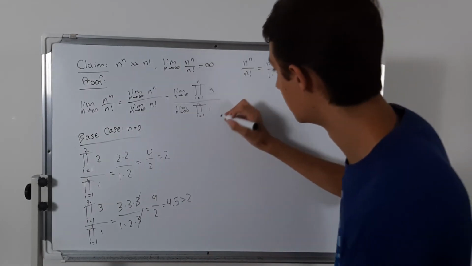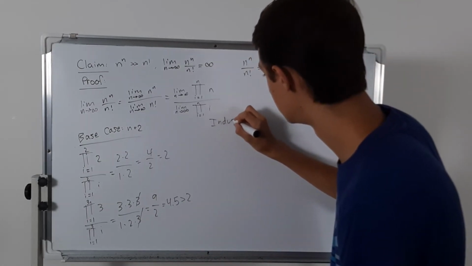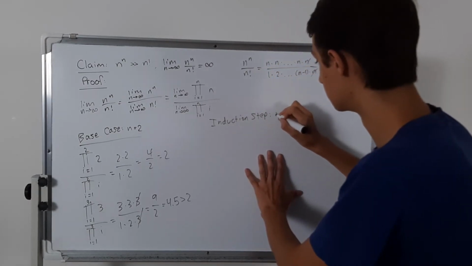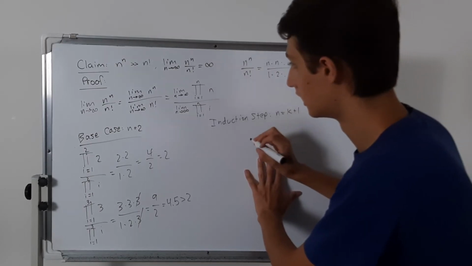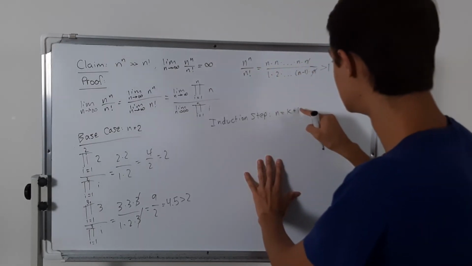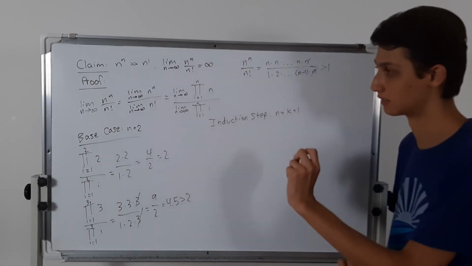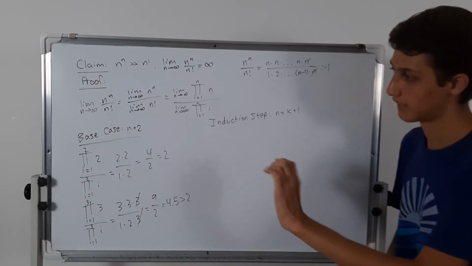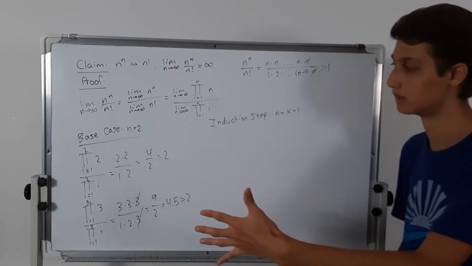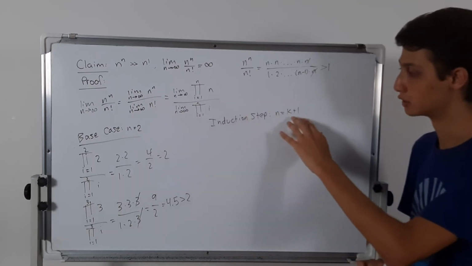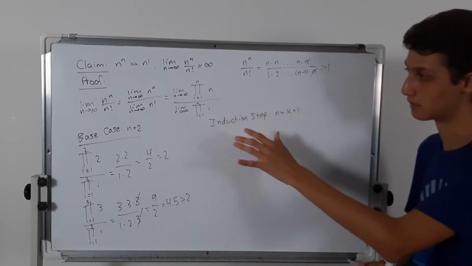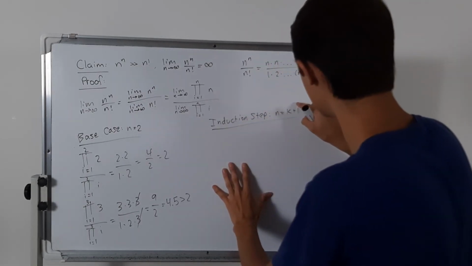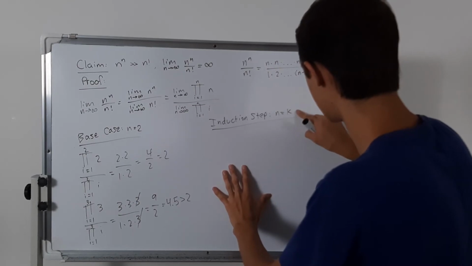Now we just need to do the induction step. This is slightly more difficult, but not that bad. We're assuming that the case n equals k is bigger than the case n equals k minus 1, and then we can show that n equals k plus 1 is bigger than n equals k.